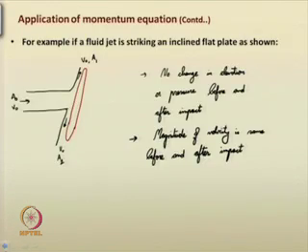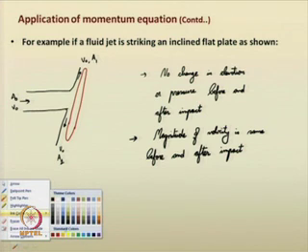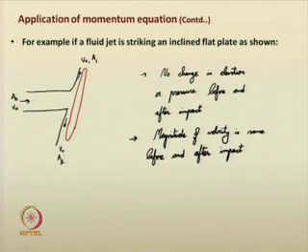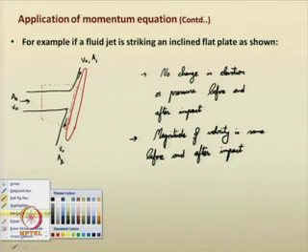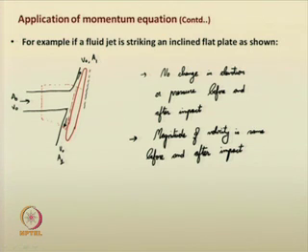So, how can we analyze now? I am just taking that same figure again. You can now think of creating the control volume. I am considering this following portion as the control volume. For the same plate, you have a tangential direction and a normal direction to the plate.